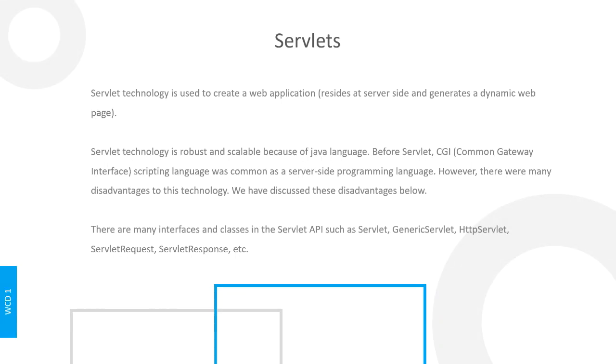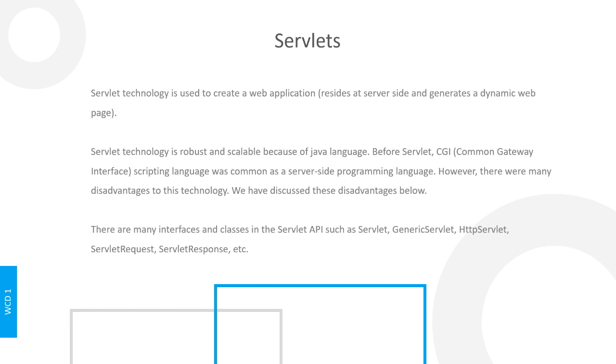Right. Servlet technology is used to create a web application that resides at the server side and generates a dynamic web page. Servlet technology is robust and scalable because of the Java language. Before servlet, CGI, meaning Common Gateway Interface, scripting language was common as a server-side programming language.